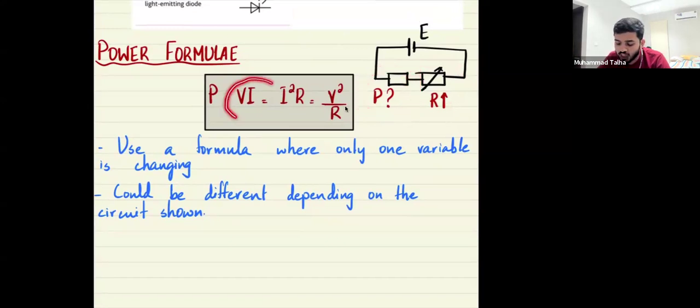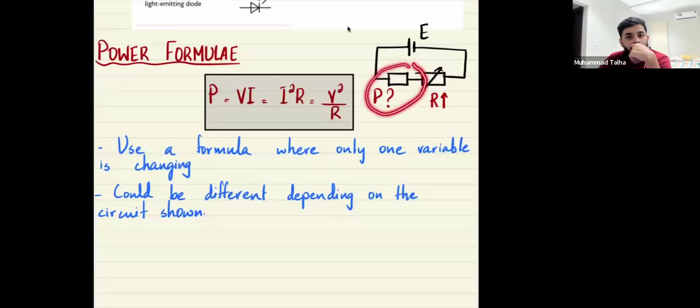Can I use VI here? The answer is probably yes, but it's not a sensible move to make because the voltage would also change here, right? As a result of voltage division, and the current would also change. So then I should think of either of these, and both of these will give me the same answer here.